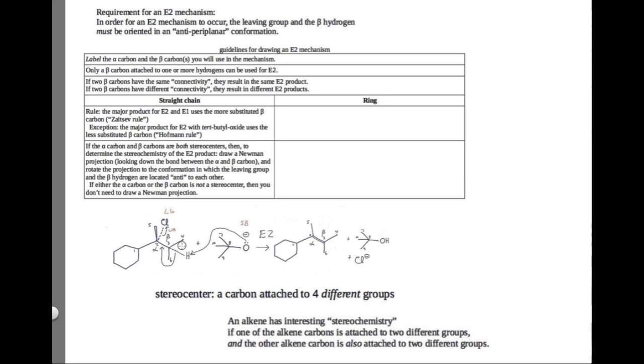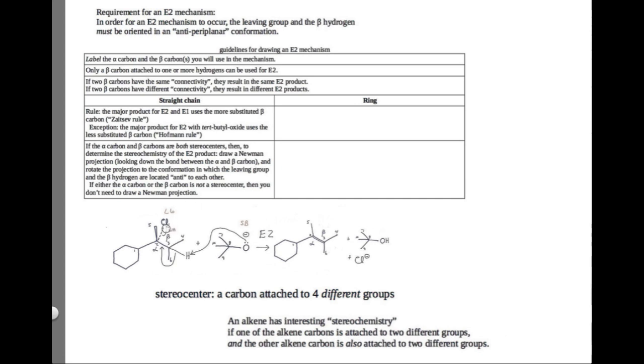All of that is okay because the main purpose of drawing the correct anti-periplanar conformation is to determine the stereochemistry of the E2 product. So when the E2 product has no interesting stereochemistry, there's usually no need to correctly draw the anti-conformation of the leaving group and the beta hydrogen.